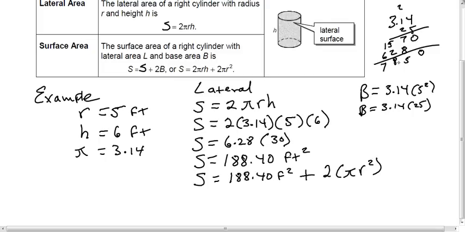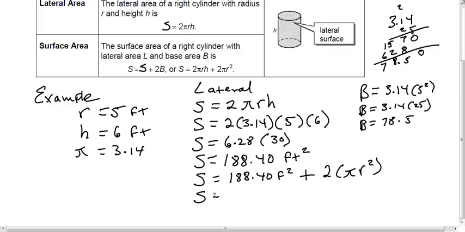We're going to point out 2 places. So now we get a base. Our base is 78.5. But hey, look at here, we have to multiply that times 2.